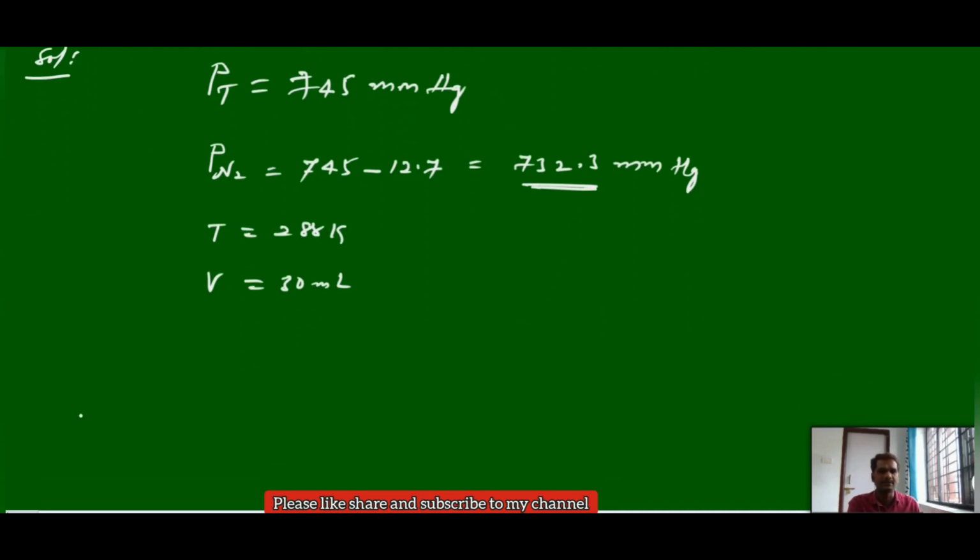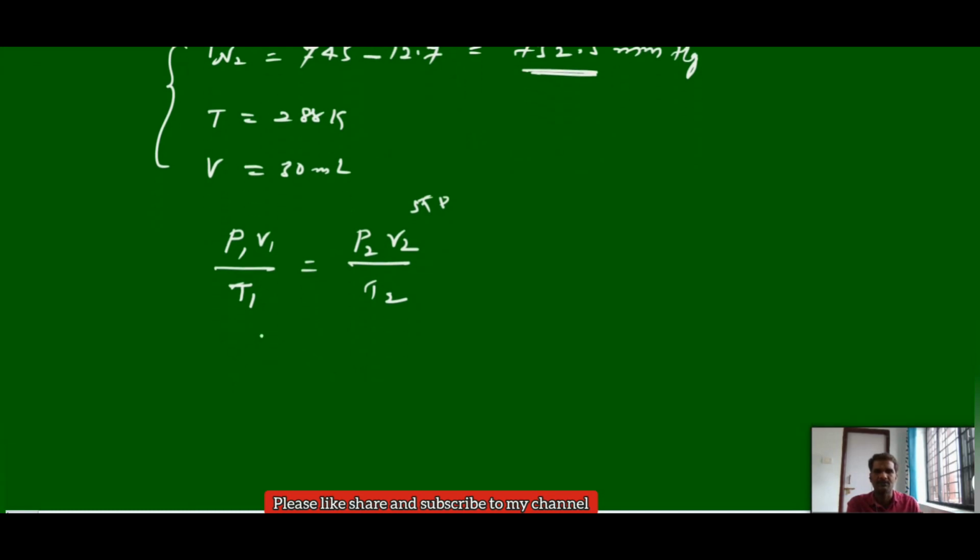The formula is percentage of nitrogen. We require volume of nitrogen at STP condition. You can use the formula according to the ideal gas equation: P1 V1 by T1 is equal to P2 V2 by T2. Let us assume P1 V1 T1 are the initial conditions and P2 V2 T2 are the STP conditions. So at STP, pressure is 1 atmosphere and temperature 273 kelvins. You can substitute those values.